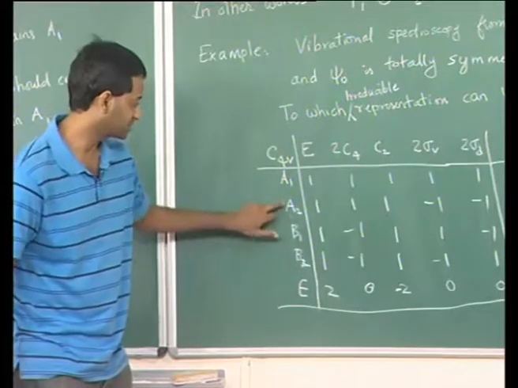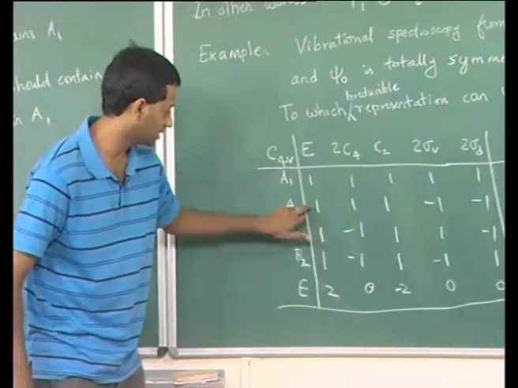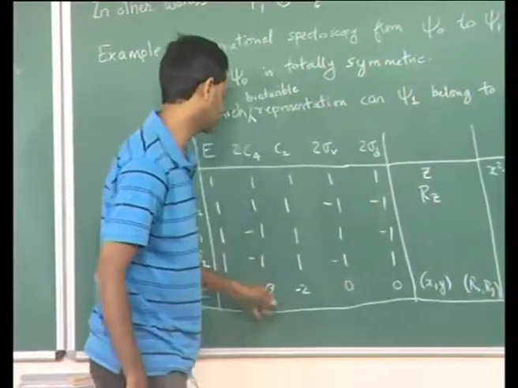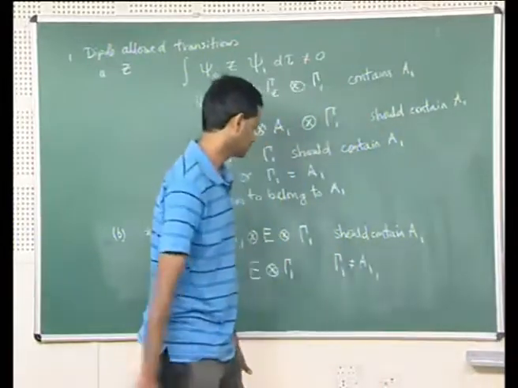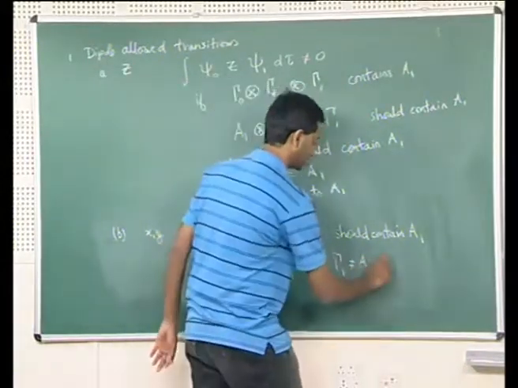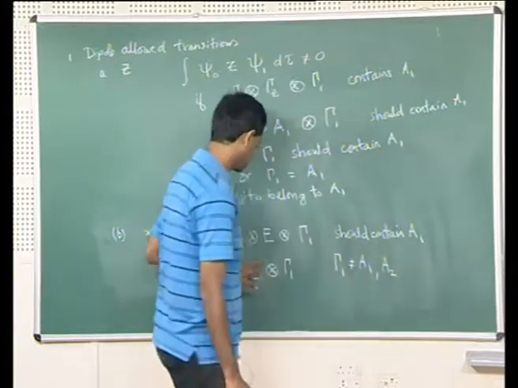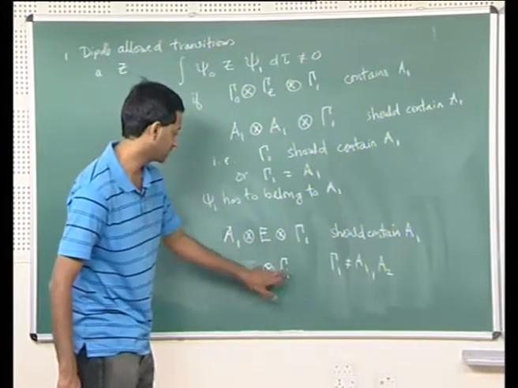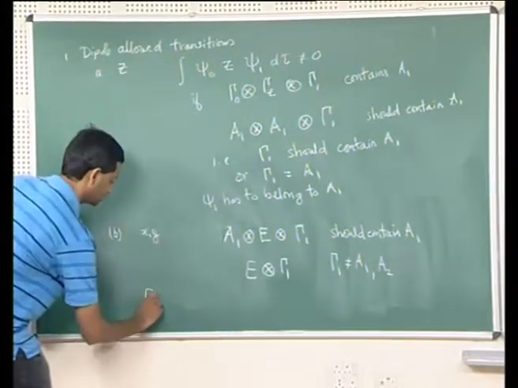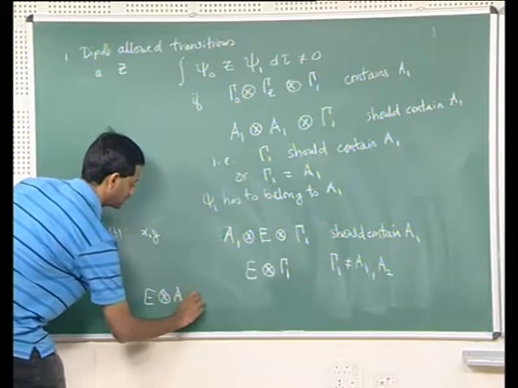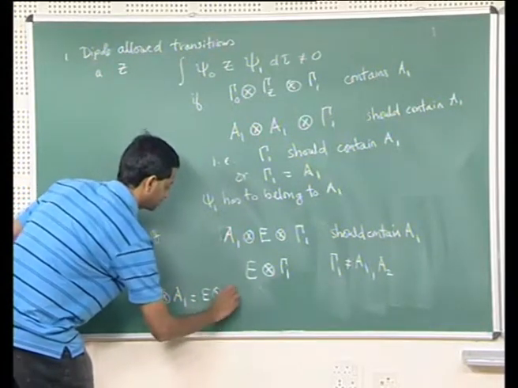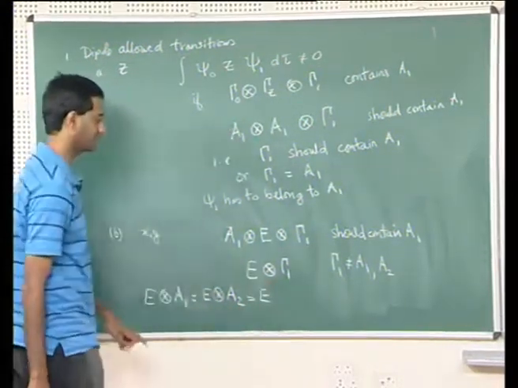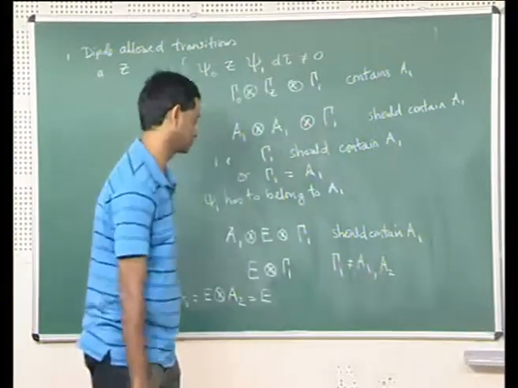So E direct product with A2, the characters will be 2 into 1, 0, minus 2 into 1, 0, 0. So you'll get back E. So E direct product A1 is equal to E direct product A2 equal to E, and that's why gamma 1 cannot be equal to A1 or A2.